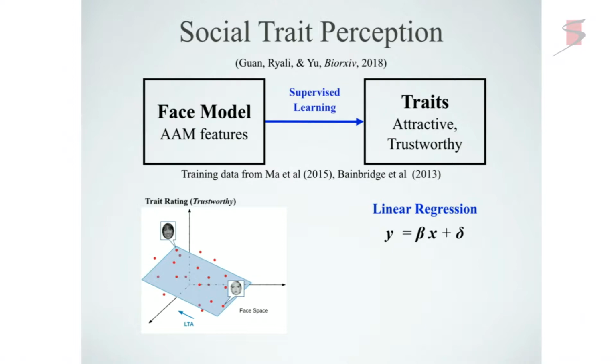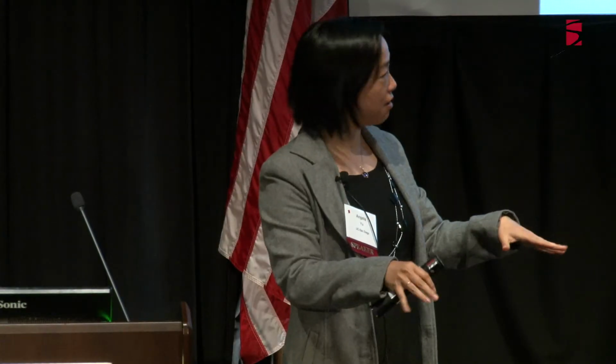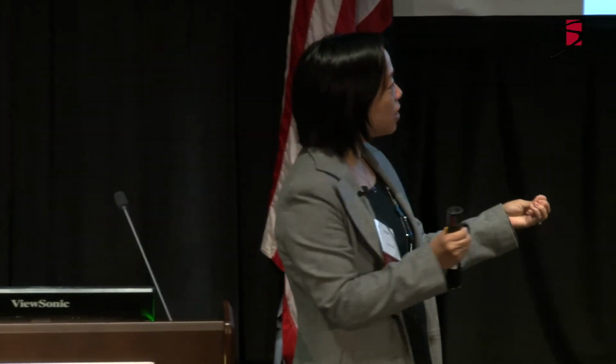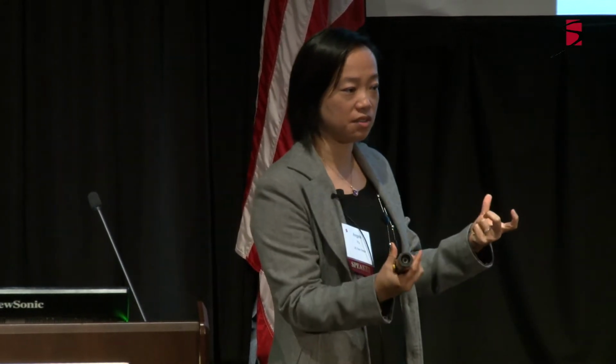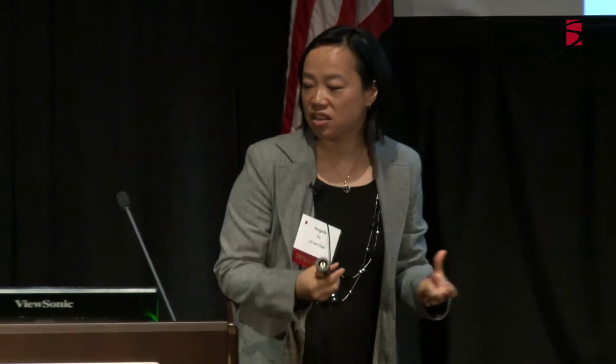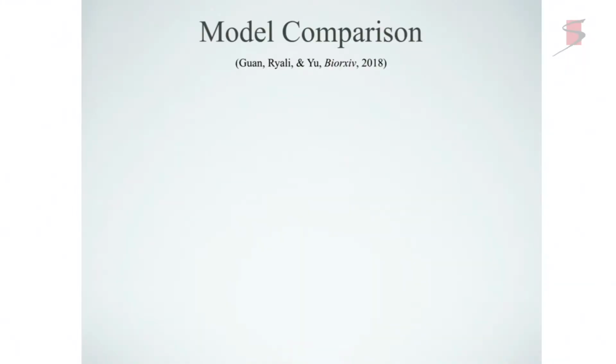So we're fitting a linear plane over the face space that we've fitted using AAM. And we normalize this regression vector beta, which gives what we call the linear trait axis. This gives us the direction along which, if you change the facial features a little bit, that will induce the greatest change in human perceived difference in that trait, at least for its linear component.